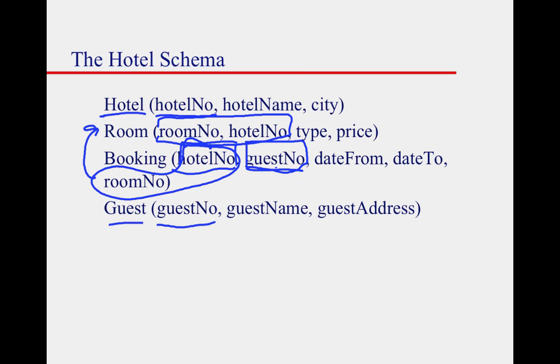Remember last time how I said that's the problem with natural keys: they often come close to being unique, but you may get a couple that aren't, and that's why you introduce an artificial key. So my guess is that typically hotel name is probably unique, guest name is not, and guest name and guest address together are iffy.